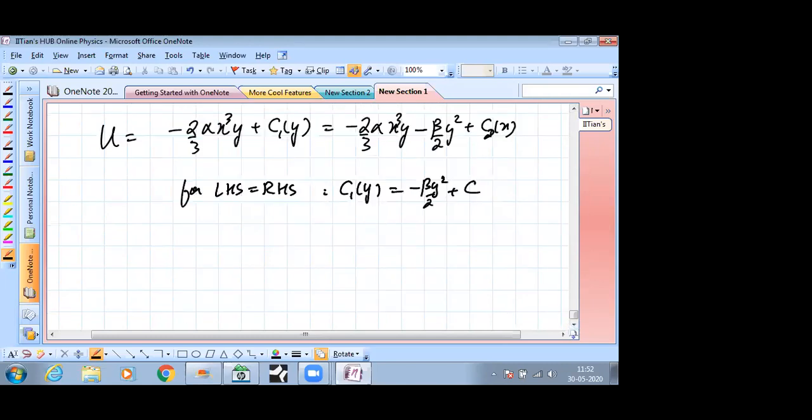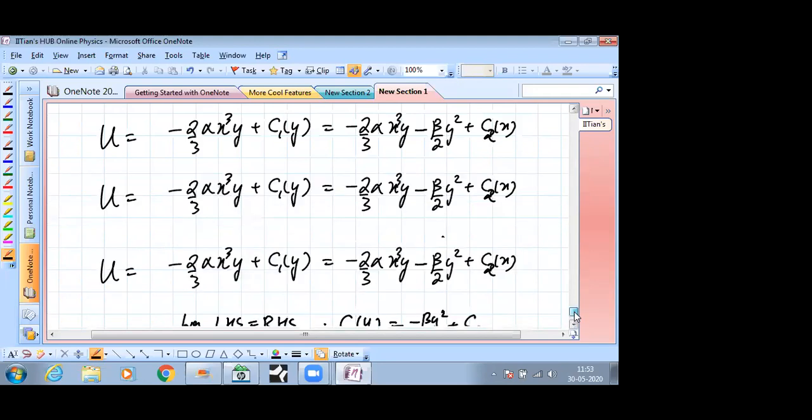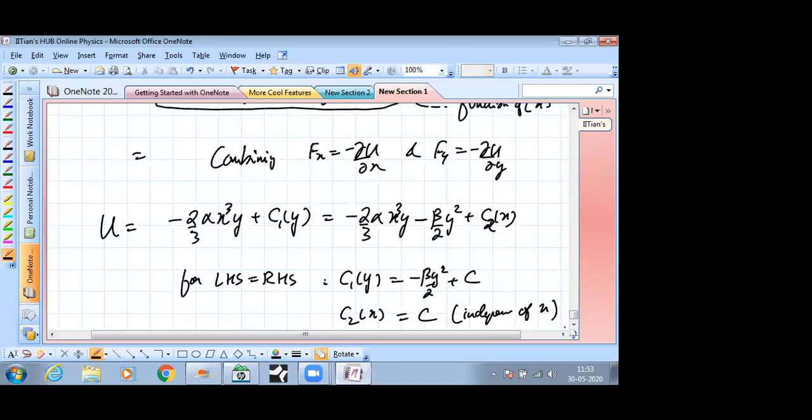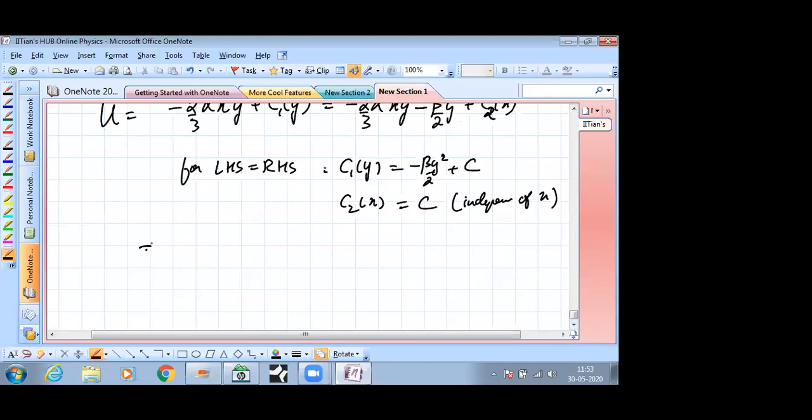And C2, as a function of x, must be a constant, independent of x. So this is the only way these two equations will be satisfied. So my potential energy function is basically something like this: minus 2 by 3 alpha x cube y minus beta by 2 y square plus some constant.